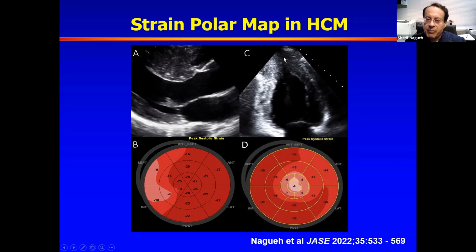And that's a case of apical hypertrophic cardiomyopathy, and you see the reduced strain noted in the apical region for that heart. There are growing data linking the presence of reduced global longitudinal strain with adverse outcomes, and some of these adverse outcomes were non-sustained ventricular tachycardia in one study, but also heart failure and death in other studies.